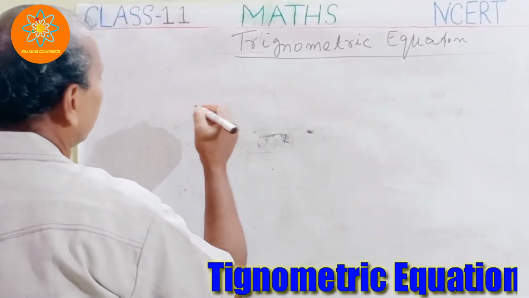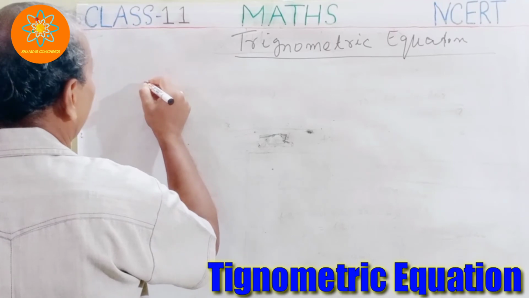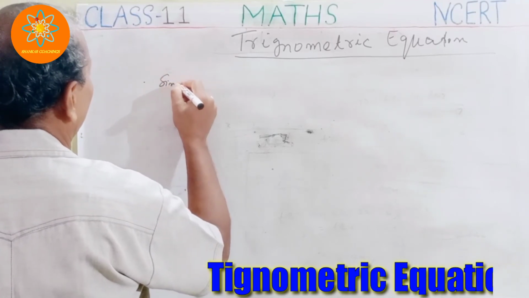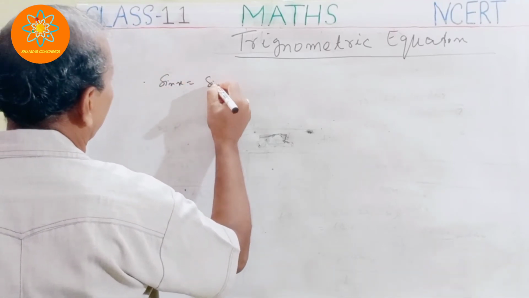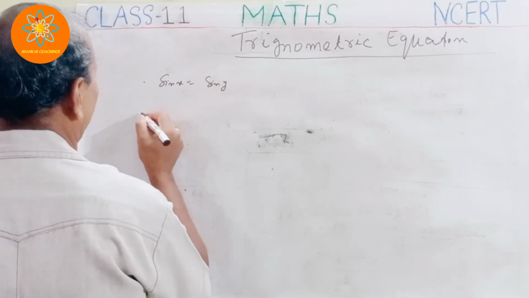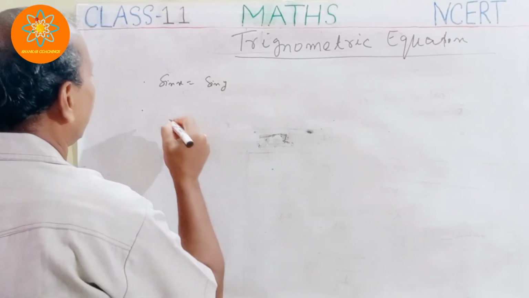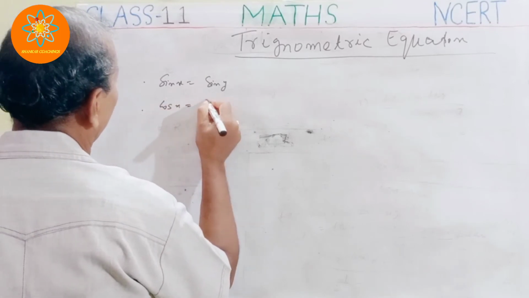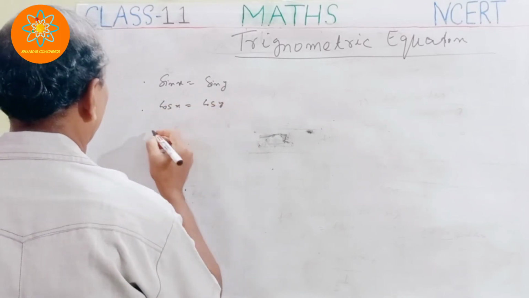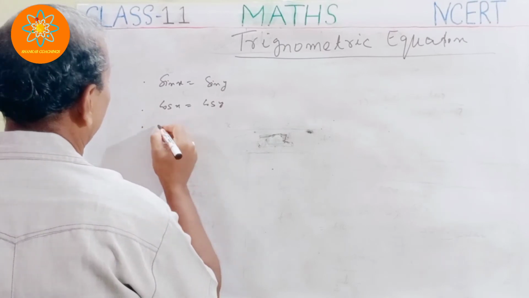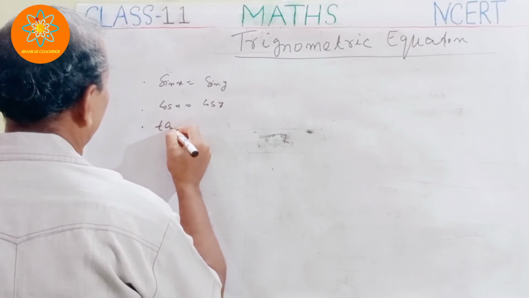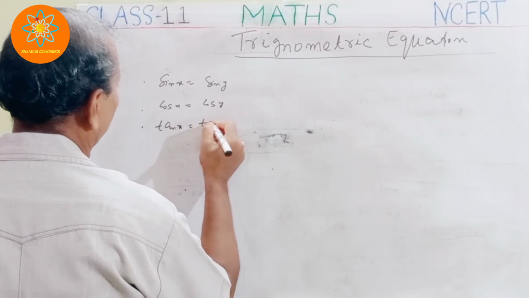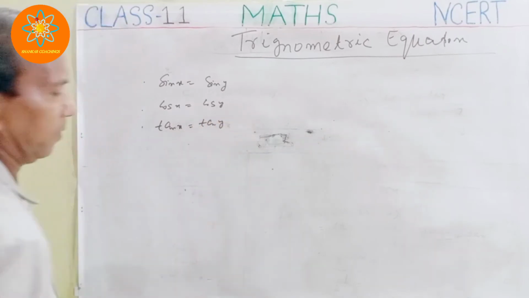So three cases we have. The first one is sine x is equal to sine y, the second case is cos x is equal to cos y, and the last one is tan x is equal to tan y.